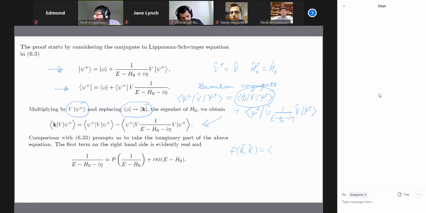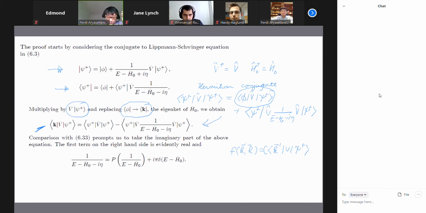So then it becomes prime V psi plus, like this, some constant here. So we have it on the left hand side here. So that's when we take the imaginary part of this, because that's what we are trying to prove. Imaginary part of the scattering potential is proportional to the total and differential cross section, scattering cross section.